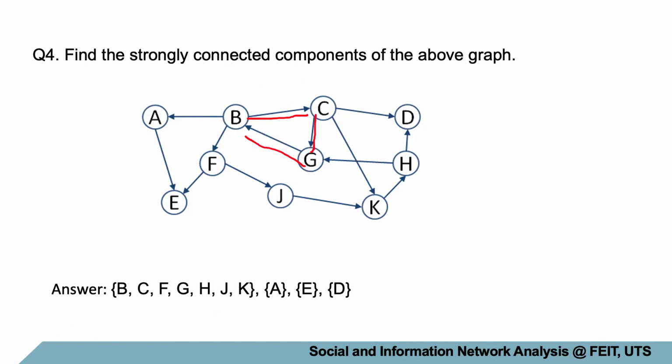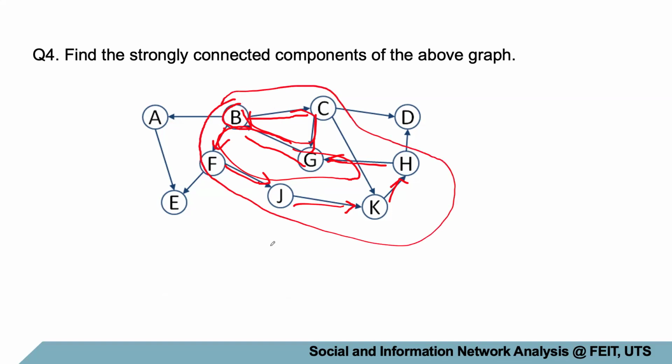And then we can continue to find cycles, like another cycle is probably from B to F, F to J, to K, to H, to J. This is another cycle. So they can also reach each other. But these two cycles overlap on B, so that means all these nodes can reach each other. So this is one simple way you can find SCCs.